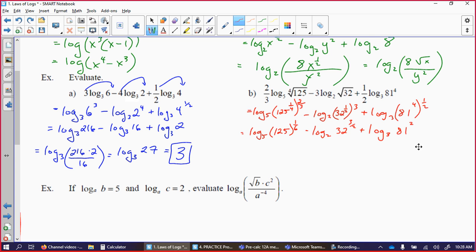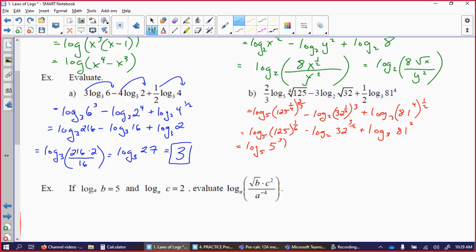So where I would go next is 125. I can express that as a power of 5. 32, I can express it as a power of 2. 81, I can express it as a power of 3. Log base 5 of 5. This is probably what I should have done. 5 times 5 is 25.